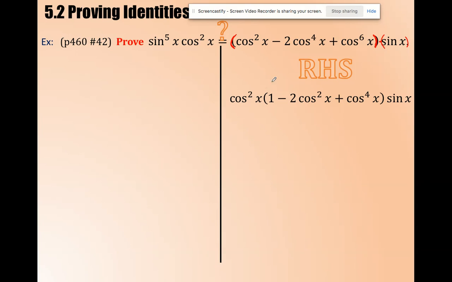Take 2 cosines out of here and you're left with 1. Take 2 cosines out of here and you're left with 2. Take 2 cosines out of here and you're left with 4. Now that doesn't seem to help an awful lot. Notice I had 2 factors and now I've got 3 factors.